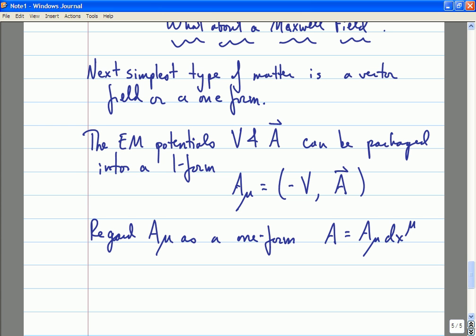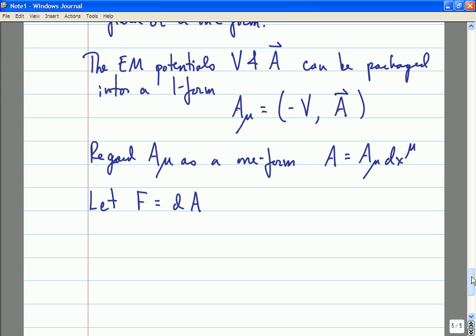So let's just investigate the two form, which is found by taking the exterior derivative of this one form. So this two form has a very interesting name. It is referred to as the electromagnetic field strength.